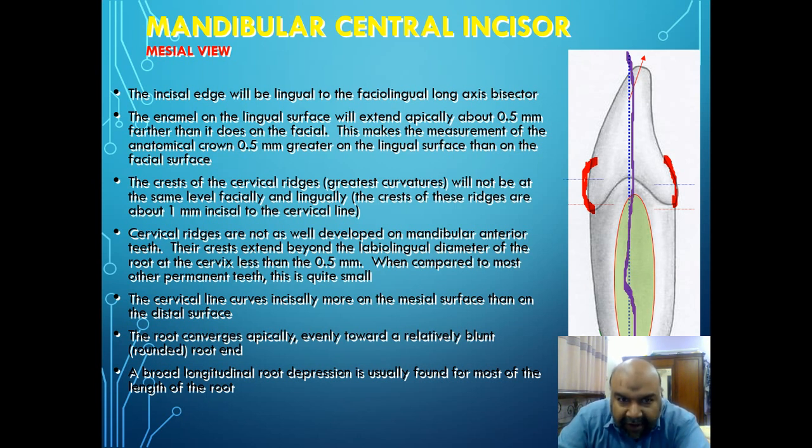Another important feature that can be viewed from the mesial aspect is the longitudinal root depression. This is usually found, and its purpose is anchorage, or it helps in fixing the tooth in the bone.